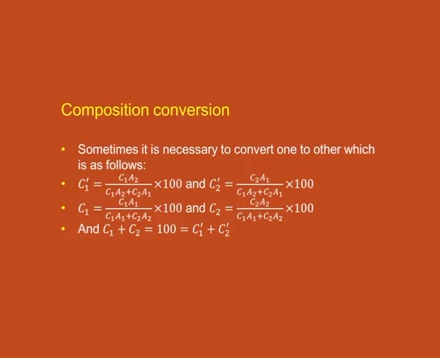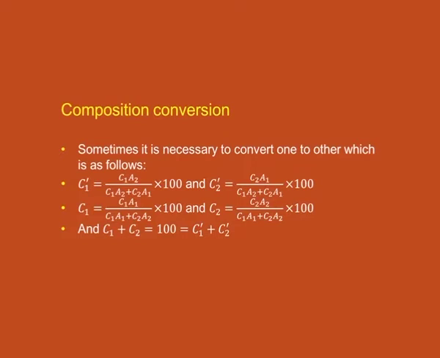For example, if we want to find out the atomic percentage of element 1 and we know the weight percentage of element 1 and element 2, then we can use the formula, that is C1 prime is equal to C1 A2 by C1 A2 plus C2 A1 into 100, or C2 prime is equal to C2 A1 by C1 A2 plus C2 A1 into 100.